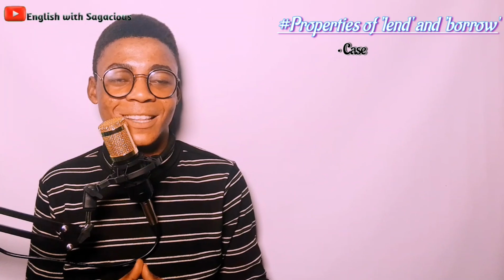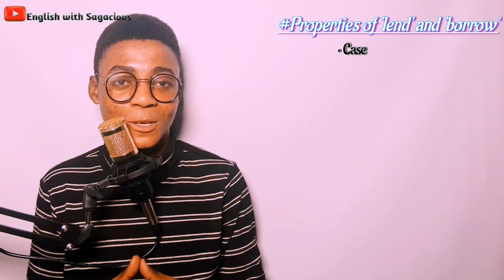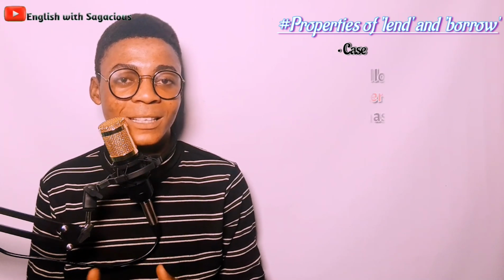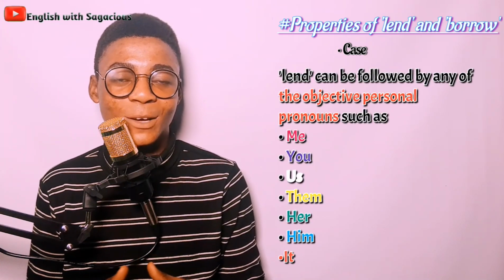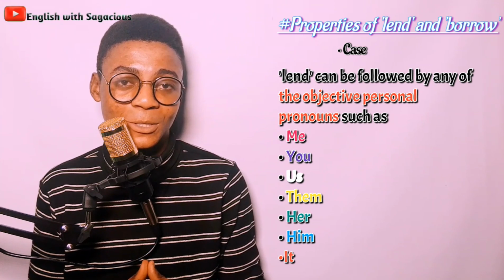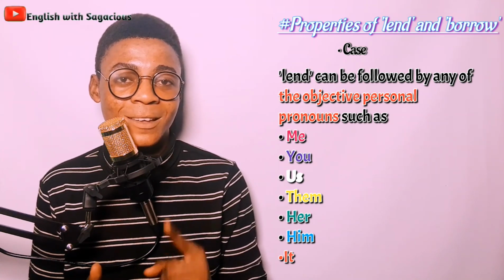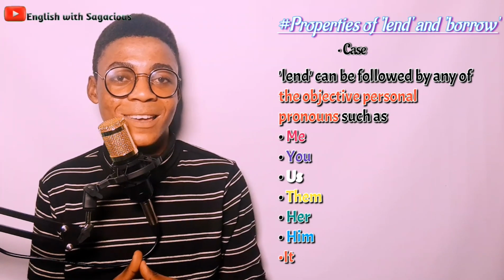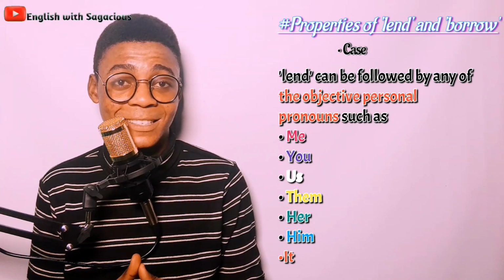Moving on to the case, this has to do with the right pronouns to be used and not to be used after lend and borrow. Lend can possibly be followed by any of the objective personal pronouns, which are me, you, us, them, her, him, and it.